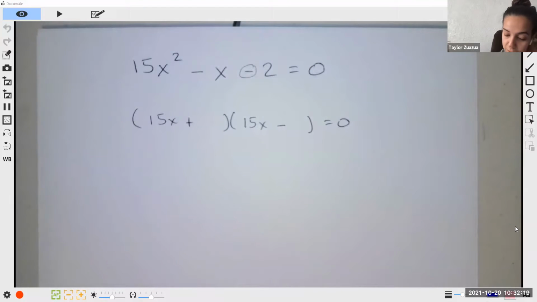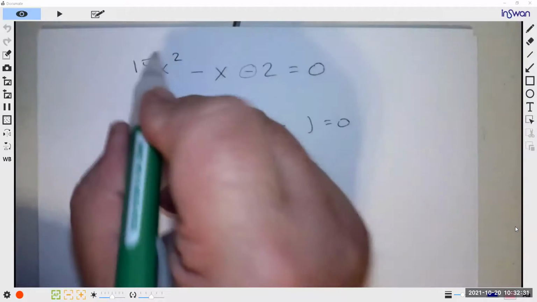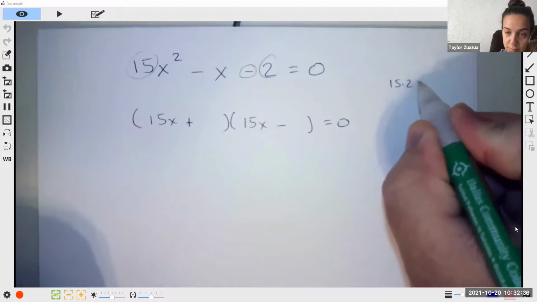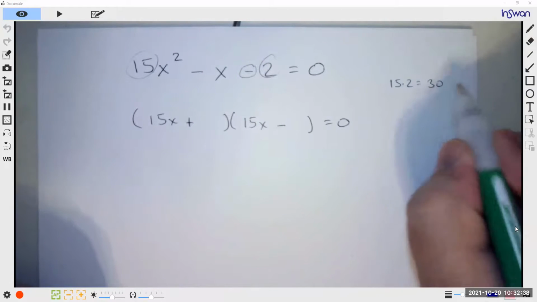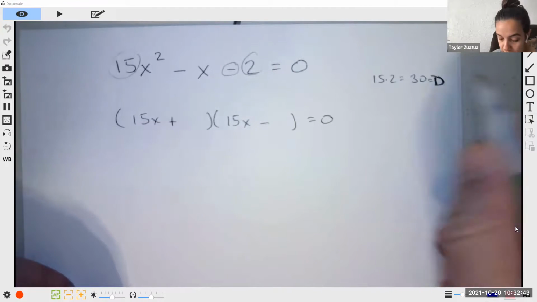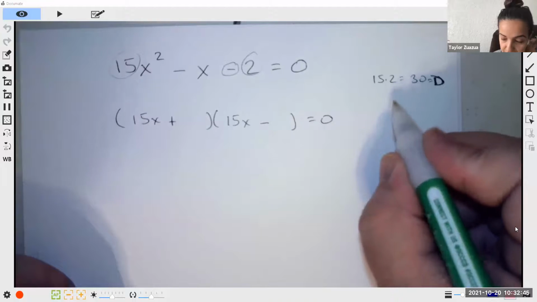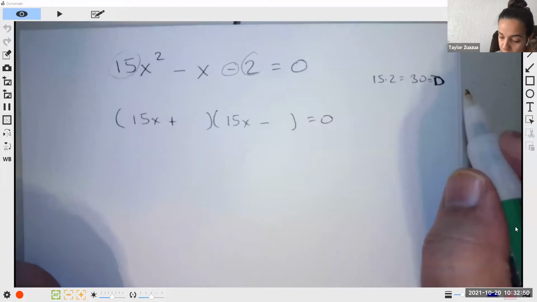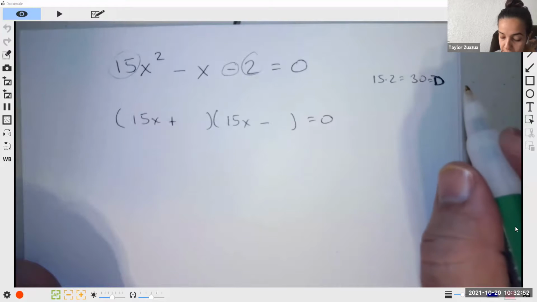And then we multiply A and C to equal D. So 15 times 2 is 30, which is D. So we have to determine all the pairs that equal 30.